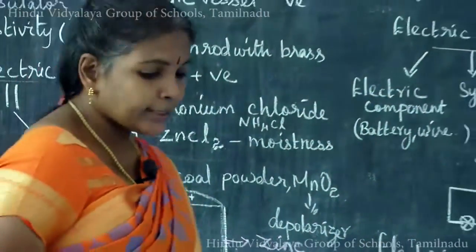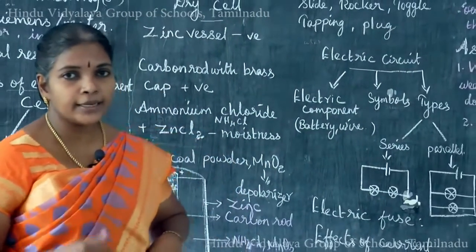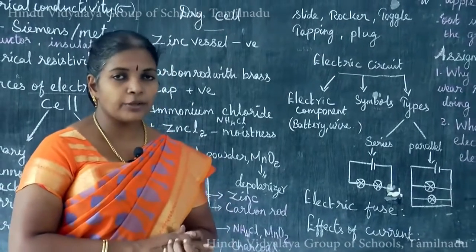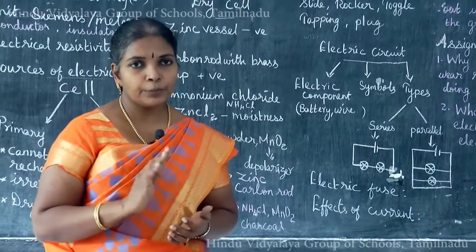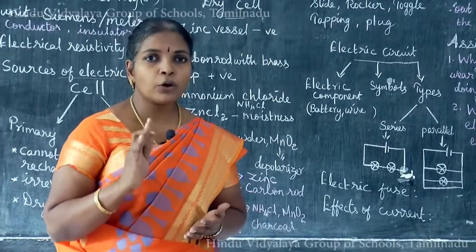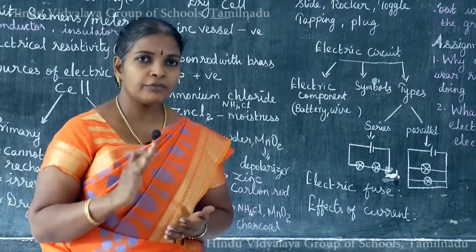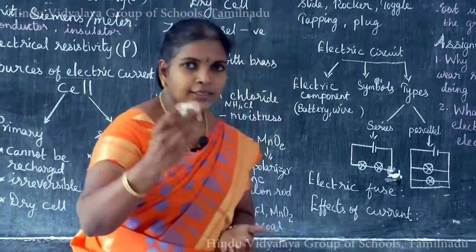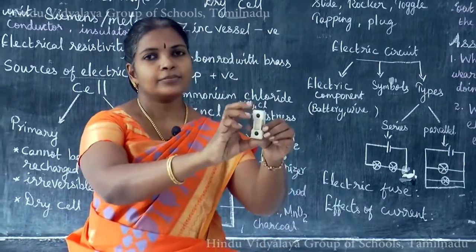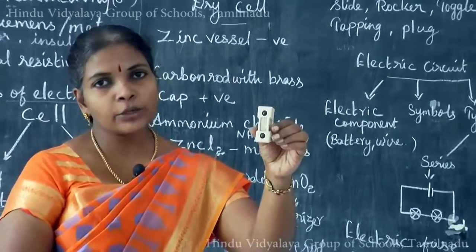The next, electric fuse. Electric fuse is another device. What is the use of an electric fuse? An electric fuse is a safety device which prevents the damage of costly appliances when heavy current flows through the circuit. What is this? This is an electric fuse.